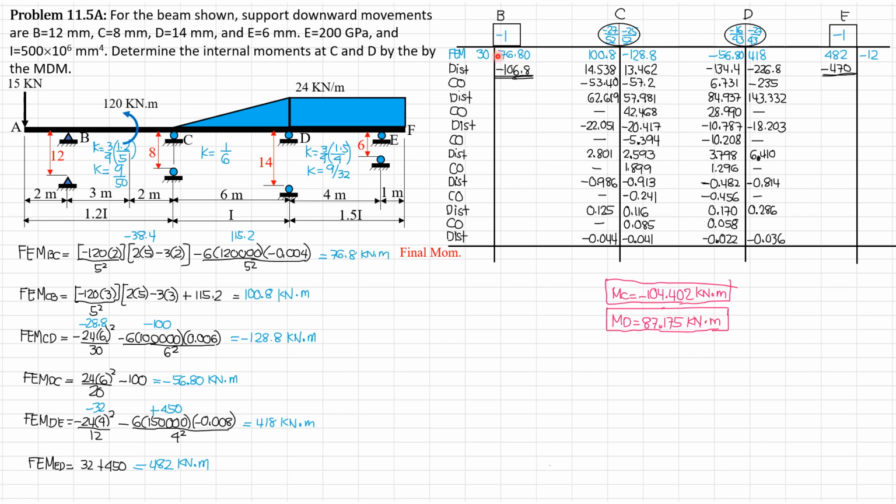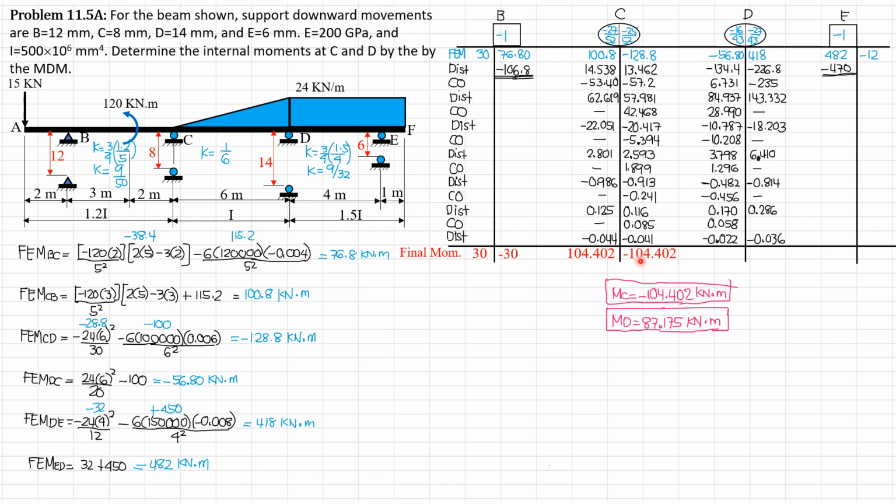Final moments, so we have 30 here. Then here it's negative 30. Here it's positive 104.402 as compared to 104.406, the accurate value. Remember, this is just an approximate method.